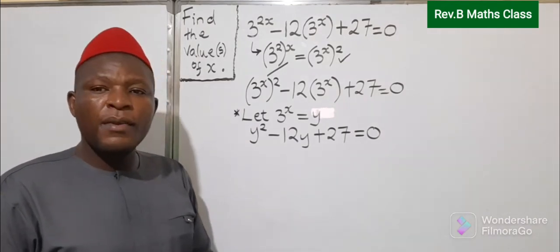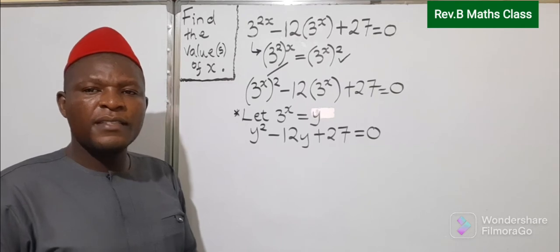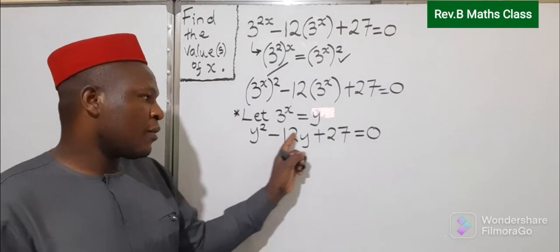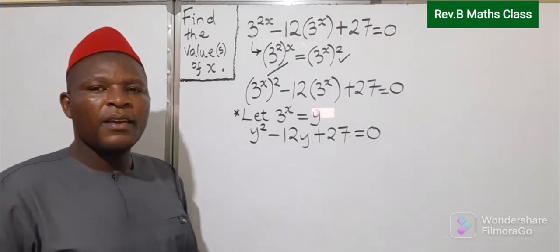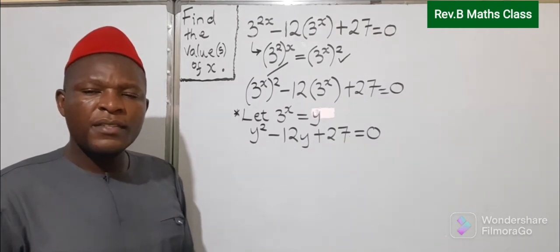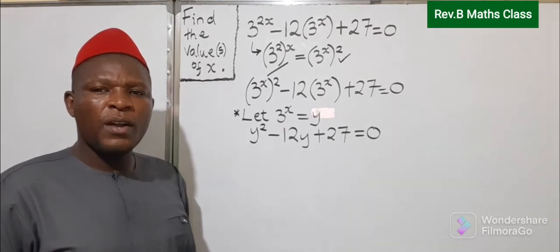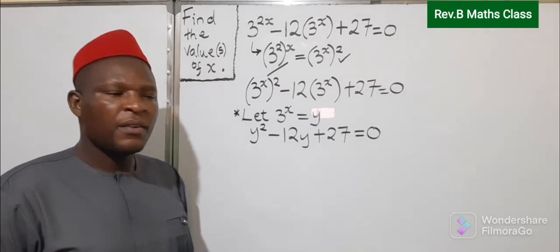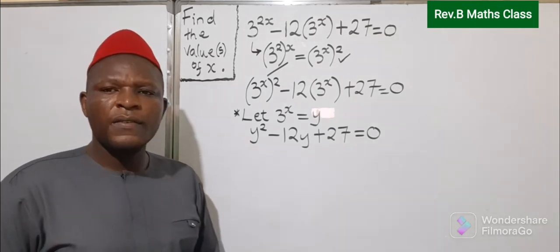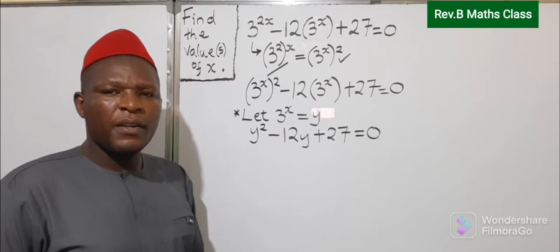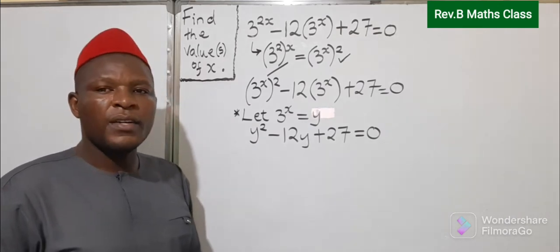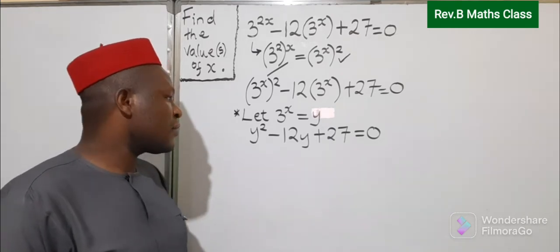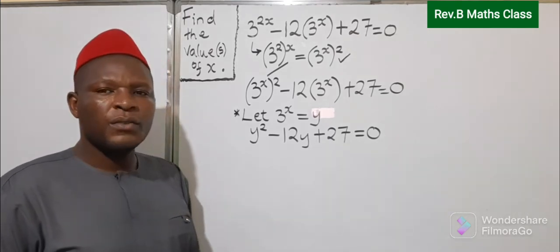You can use any method of your choice to find the values of y for this particular quadratic equation. One of them is the factorization method. You can check on one of my videos on this same YouTube channel. I talked about how to solve a quadratic equation. In that video, I specifically focused on the factorization method.